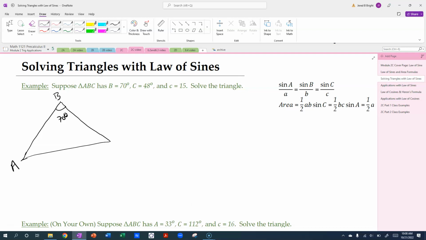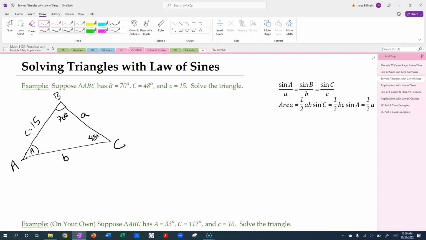And then this would be angle C. I'm going to call that 48 degrees. Okay, and then it says, let's see, so side C, which would be opposite angle C, is 15. And then we would have angle A that we'd have to find. We'd have to find side length A and side length B.